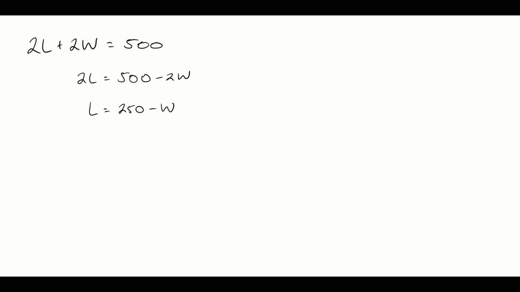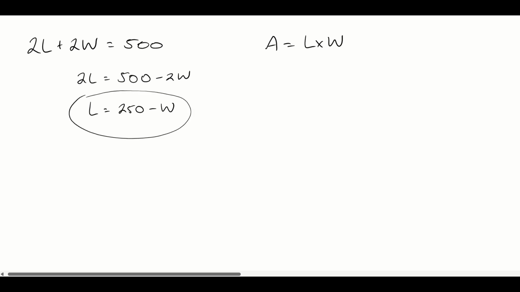So for a rectangle with 500 meters of perimeter, the length will be equal to 250 minus whatever the width is. Now the area of my rectangle, that is equal to length times width. Okay, but I know that the length is equal to 250 minus the width.